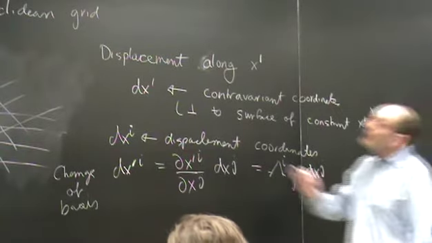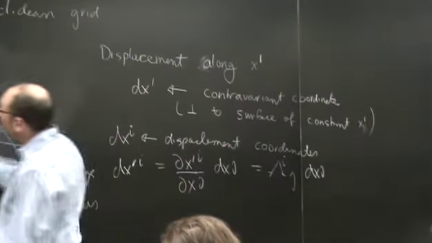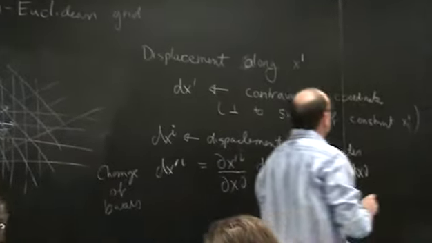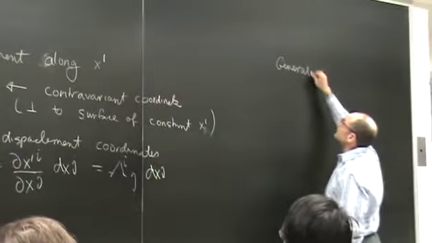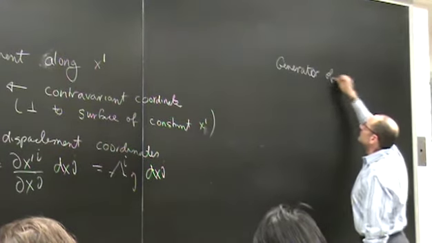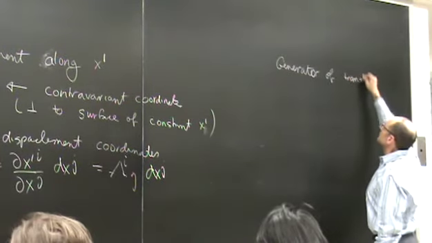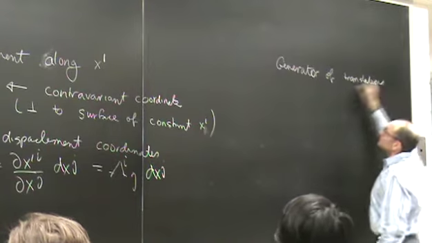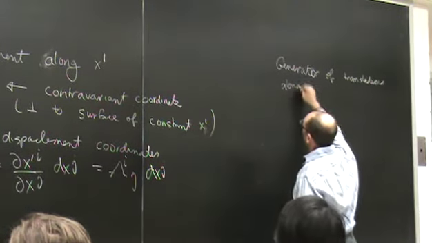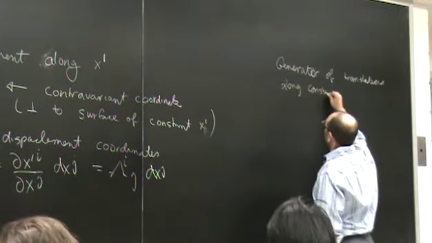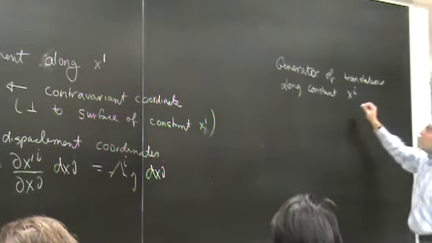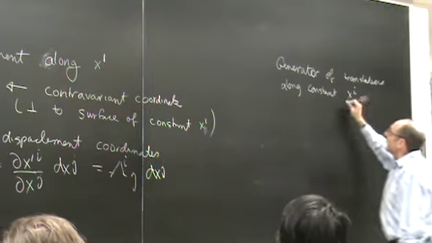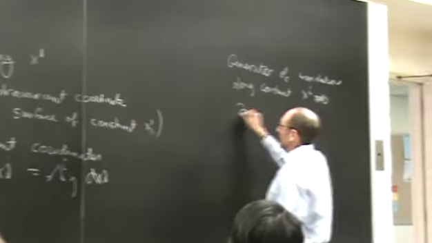If I want to look at a translation along a constant x^i, whatever that is, well, the generator of translations is the derivative.